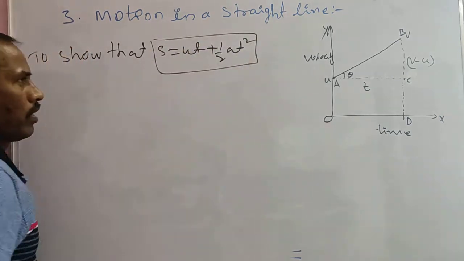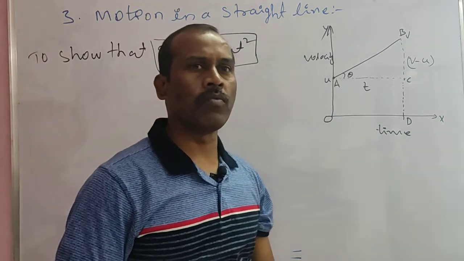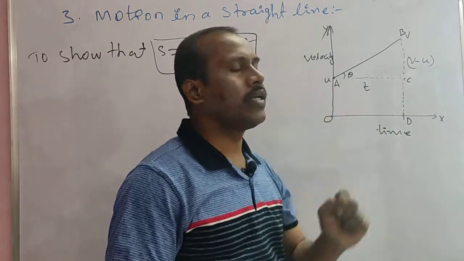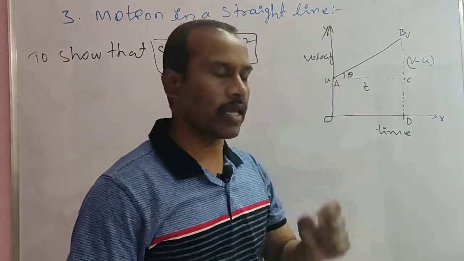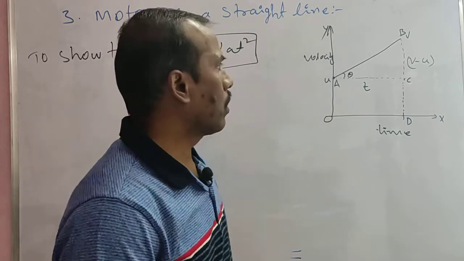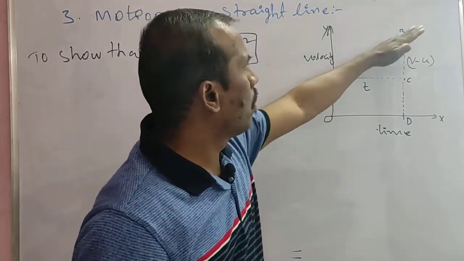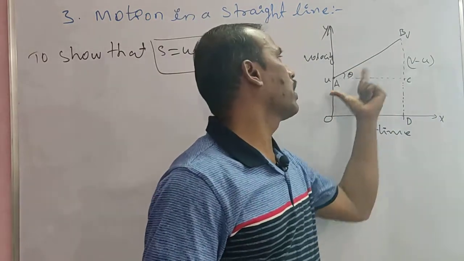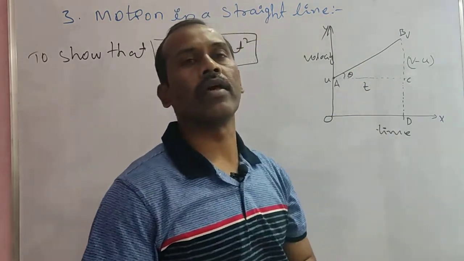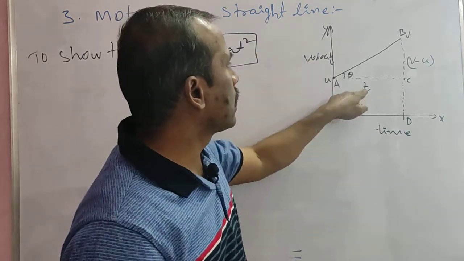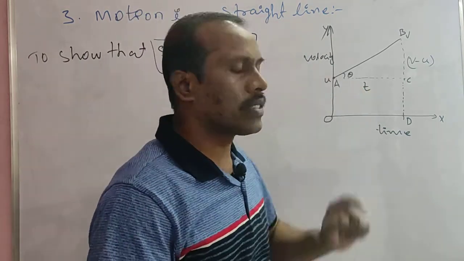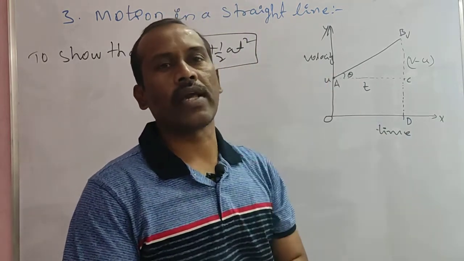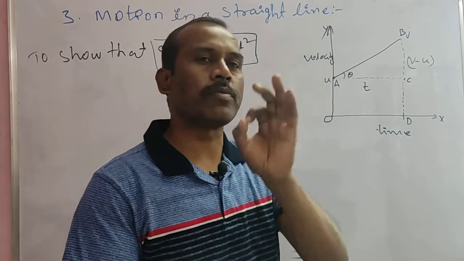Now here in this graph, the particle is moving with uniform acceleration A, initial velocity U, and final velocity V after time T. The area under the line AB in the velocity time graph, along the positive x-axis, gives the displacement of the particle.